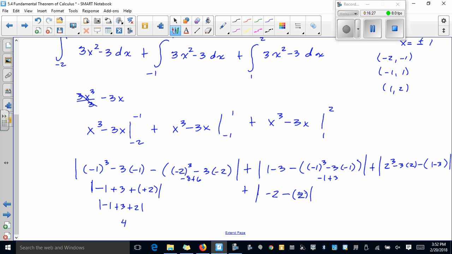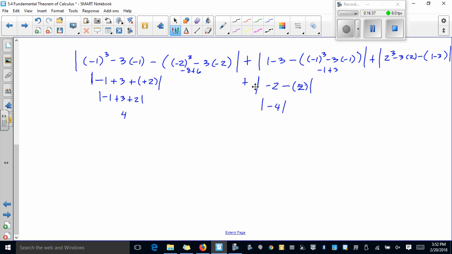And then the very, very last one. 2 cubed is 8, minus 3 times 2 is 6, minus, and the 1 minus 3 is going to give you negative 2. So we get 8 minus 6 is 2, minus the negative 2, that's going to cancel out like this, and we get 4.